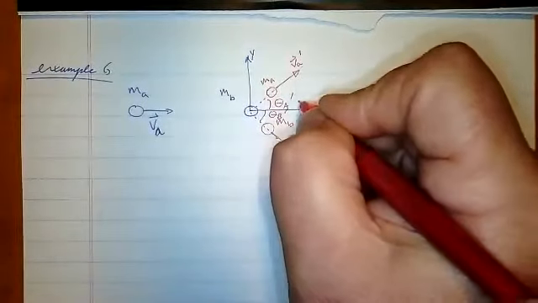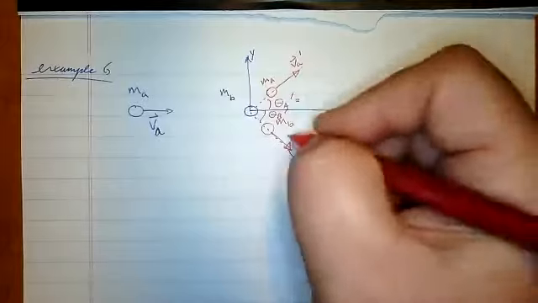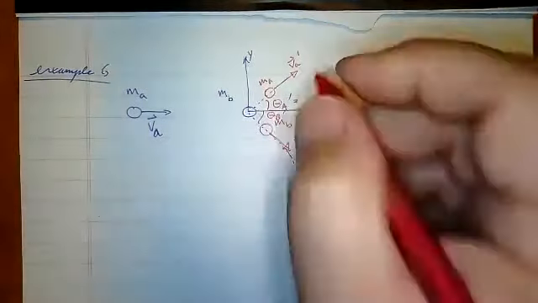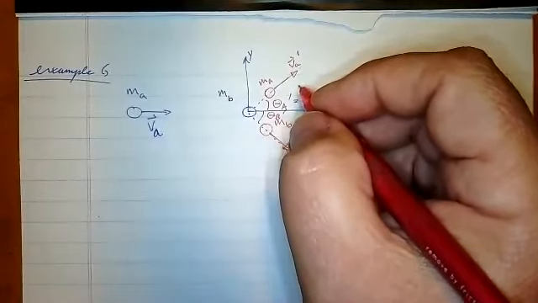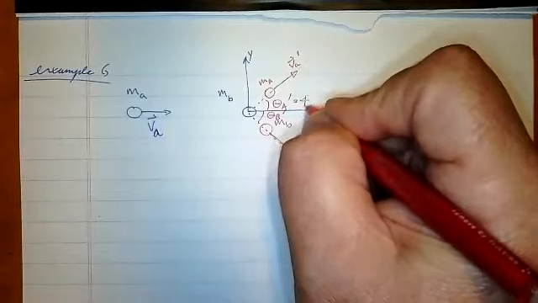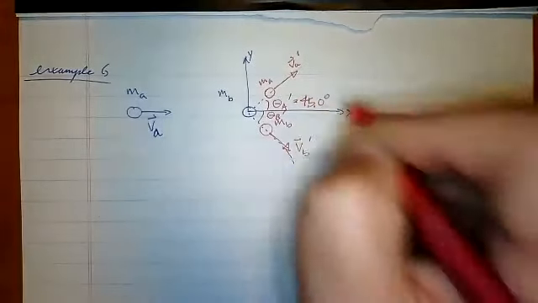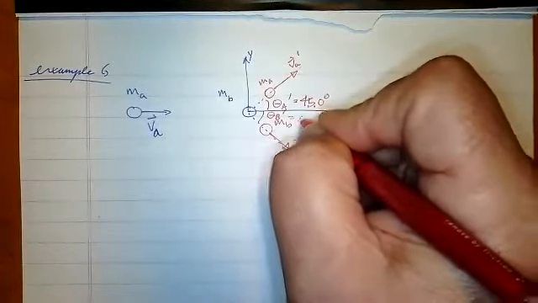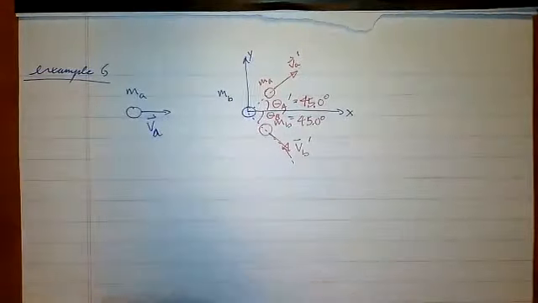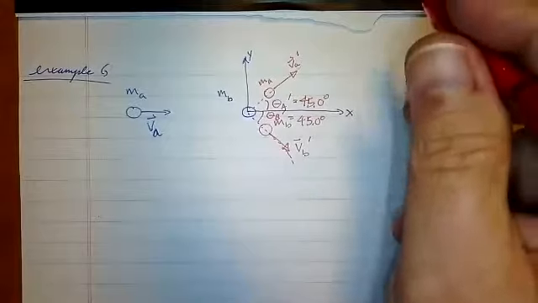What I could do though is, let's assume we know these 2, then I've got just 2 equations and 2 unknowns. So let's say this particular one has an angle of 45 degrees, and let's say this also has an angle of 45.0 degrees. In fact, it's technically negative 45 degrees.